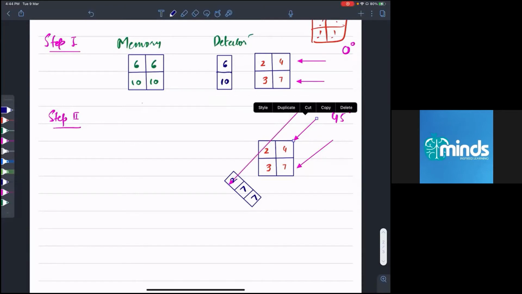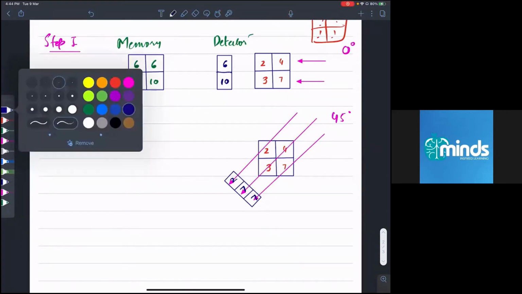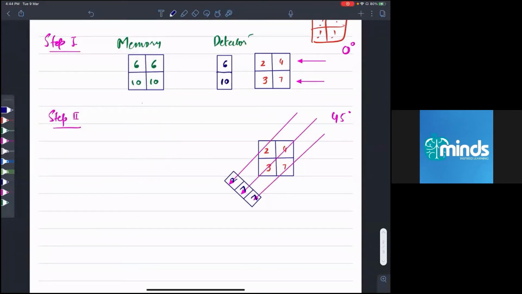This arrow is going like this. And this arrow will be going like this. So we will get 2, 7, 7. Now, if it is 2, 7, 7, so we need to fill this.